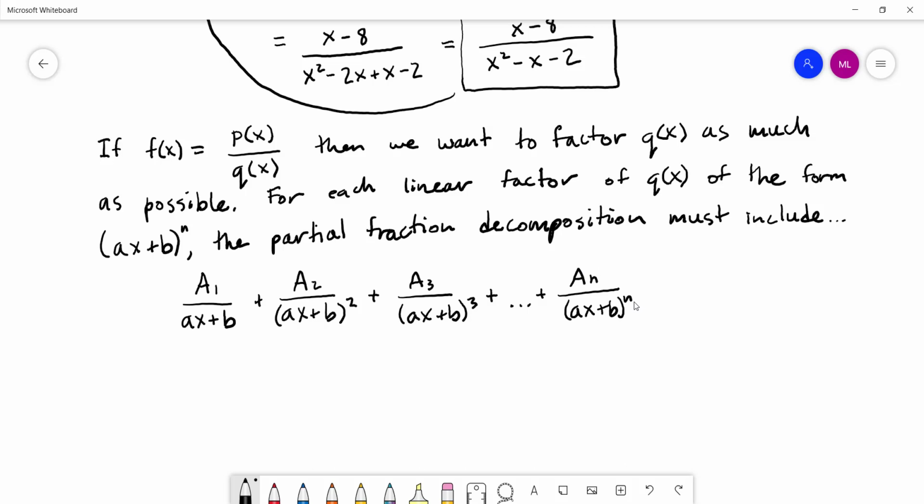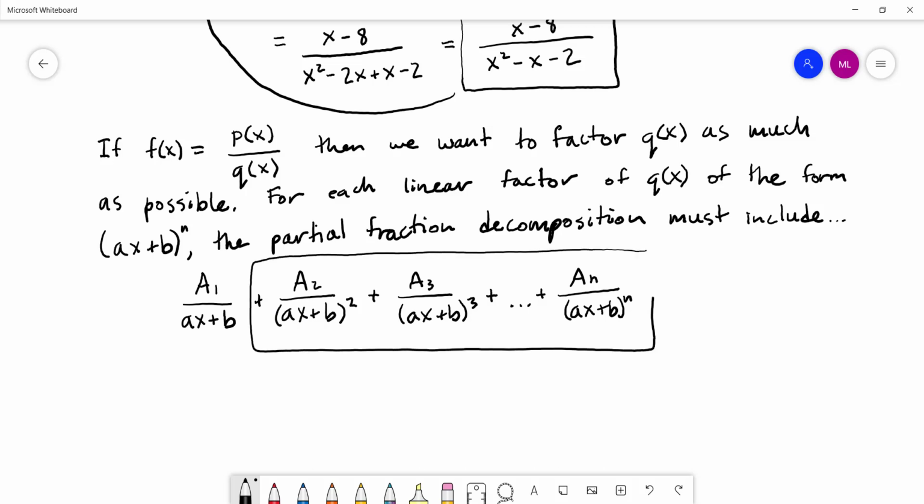So if the multiplicity is just 1, if n is 1, I can ignore all of these terms. If all of our terms only have multiplicity 1, then we don't need all these extra terms, and this would be the one term that we need to include.